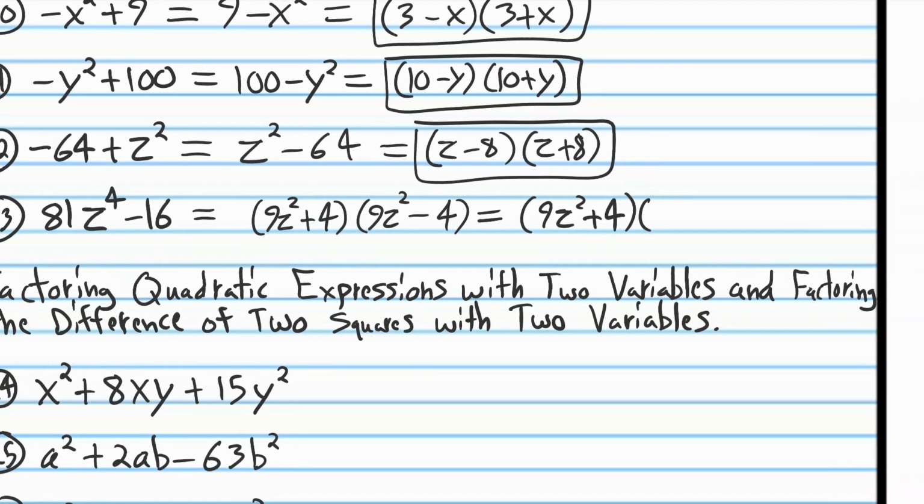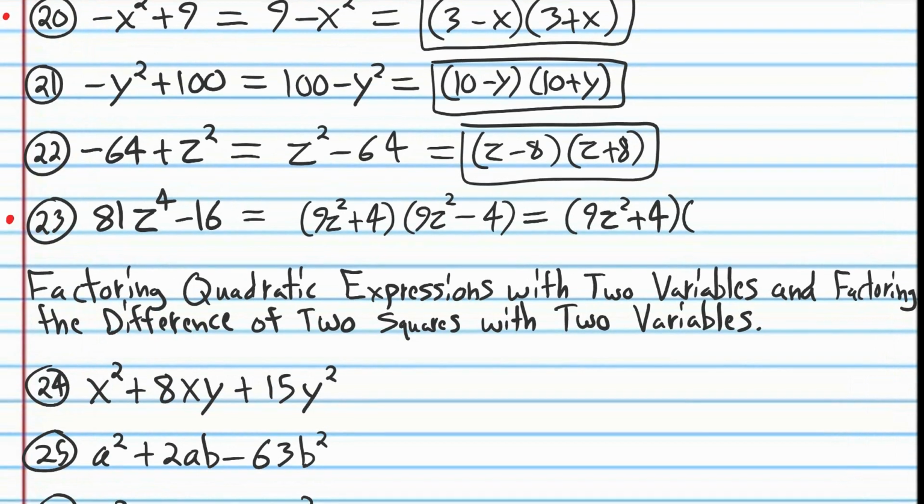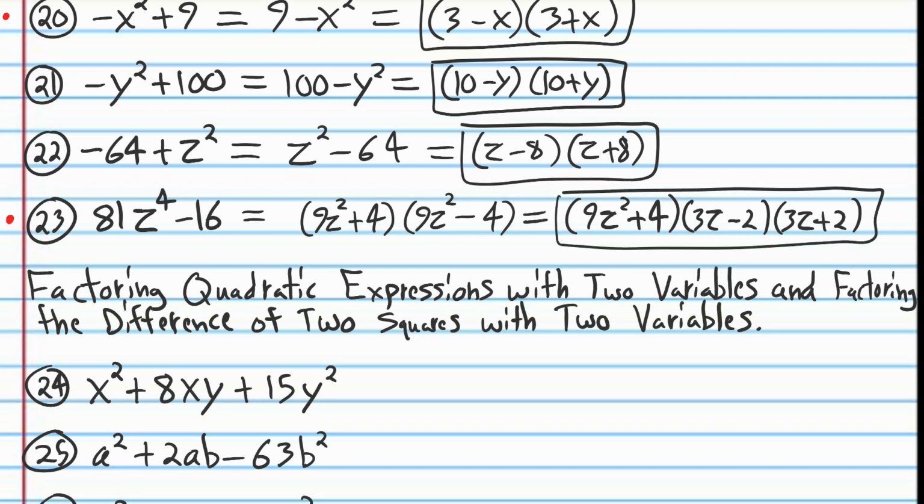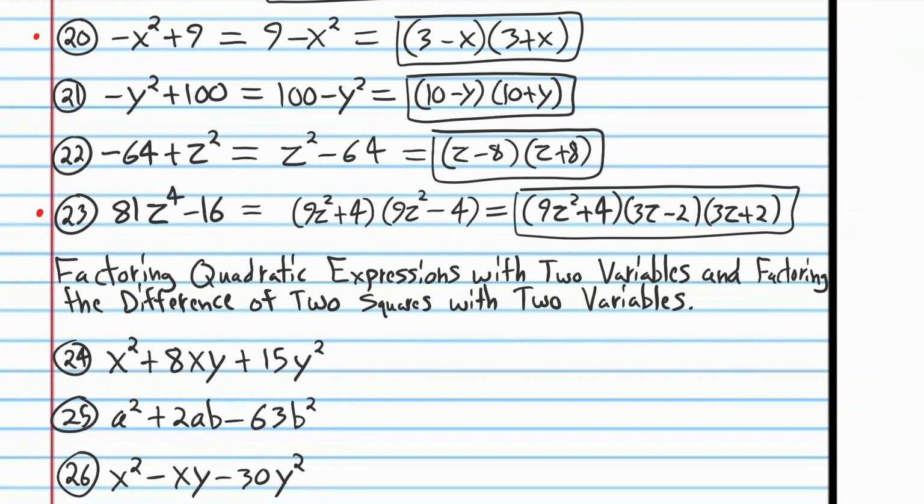But we're not done yet, because as you can see, this is actually the difference of two squares also. So we can continue to factor that. And again, this problem is not that important, so I wouldn't really worry about it much. You might see it in the textbook, you might not.